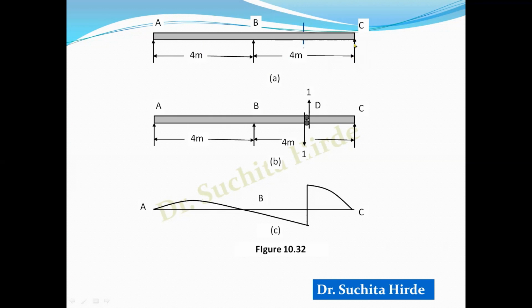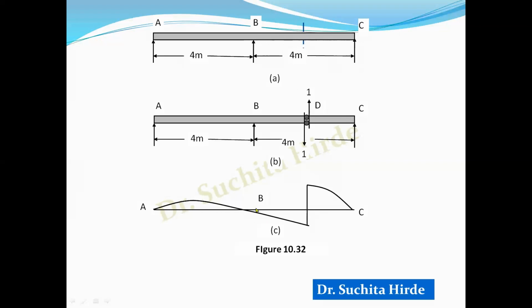And you know that from your strength of materials concepts, the sign convention of shear force, if you remember, the shear force when we calculate from right side, then upward we consider as negative. So that means when the unit force is in between B to D, shear force is negative.